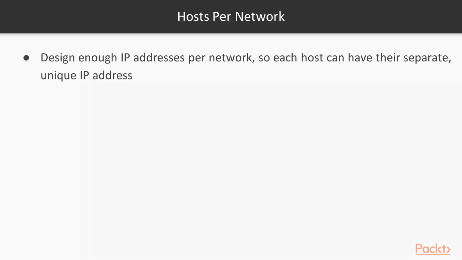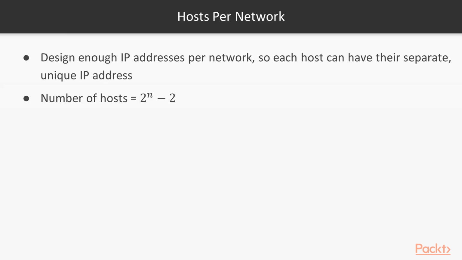One of the design considerations for IP addresses is the number of hosts per network, because we need to design enough IP addresses per network so each host could have a separate unique IP address. Based on the information from the previous slides, we know how to determine this.